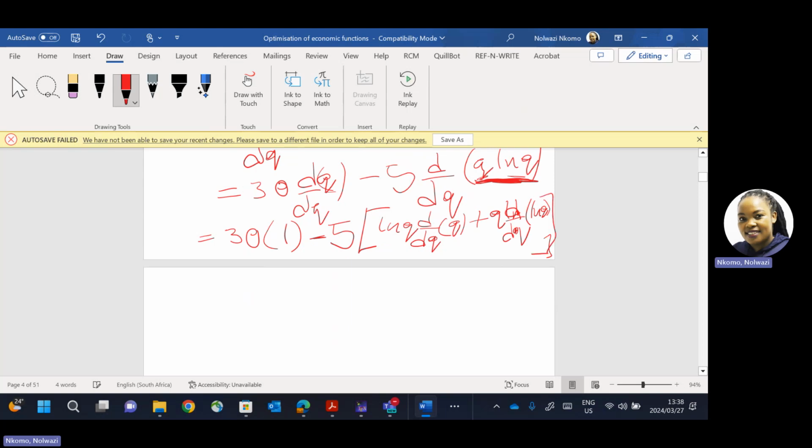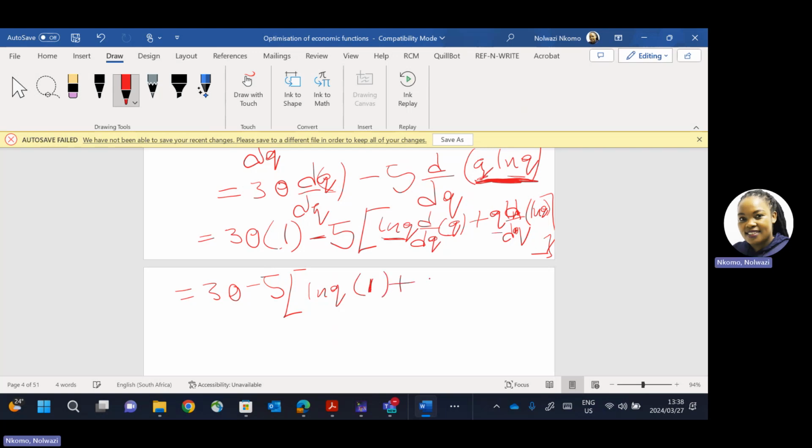Differentiating the second function, this will give us 30 times 1, it's 30, minus 5 times: we keep this ln Q, we differentiate Q. The derivative of Q is 1.